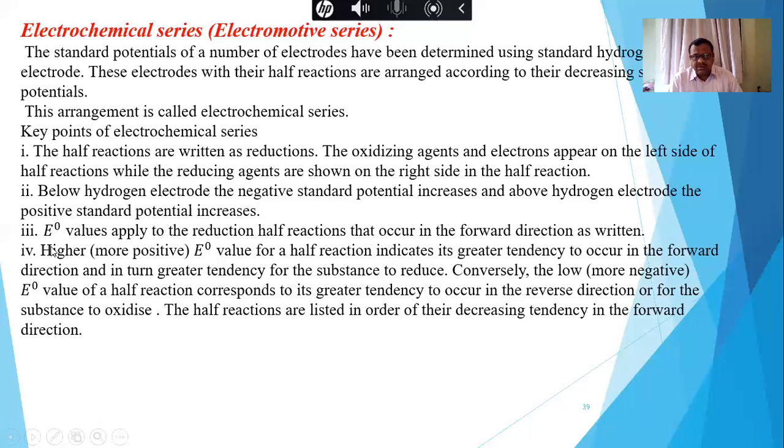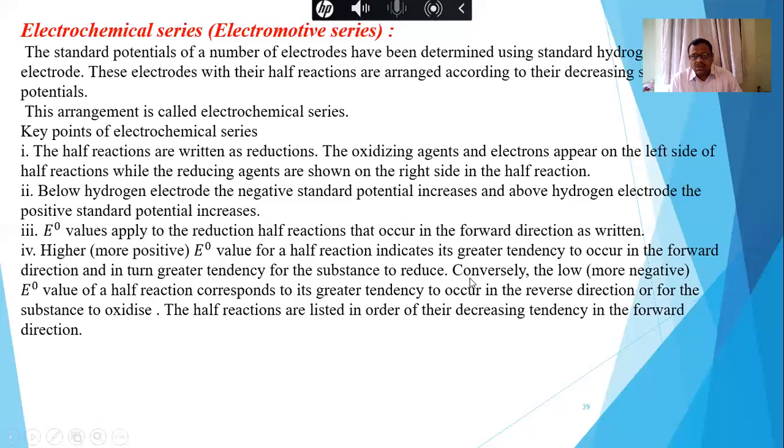The E standard values apply to reduction half reactions that occur in the forward direction as written. The higher E standard value for a half reaction indicates its greater tendency to occur in the forward direction, and in turn a greater tendency for a substance to reduce.